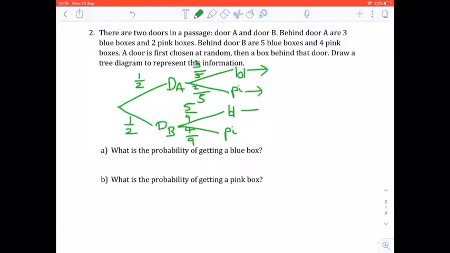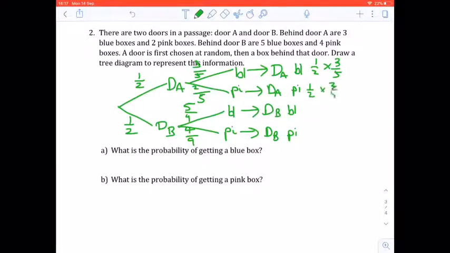So our different outcomes would then be door A and blue, door A and pink, door B and blue, door B and pink, and the probabilities would be a half times 3 over 5, a half times 2 over 5, a half times 5 over 9, and a half times 4 over 9.